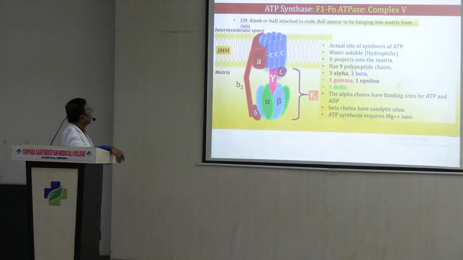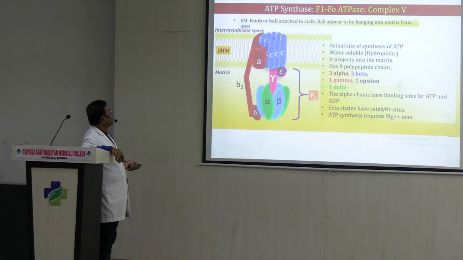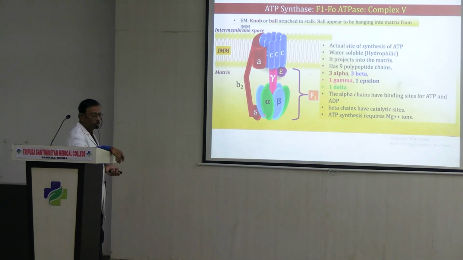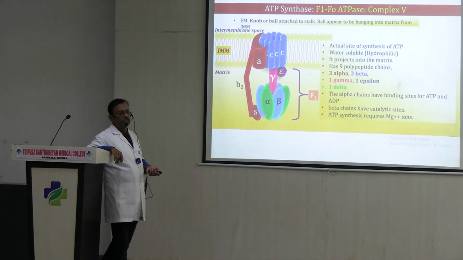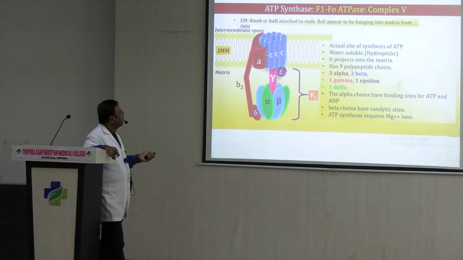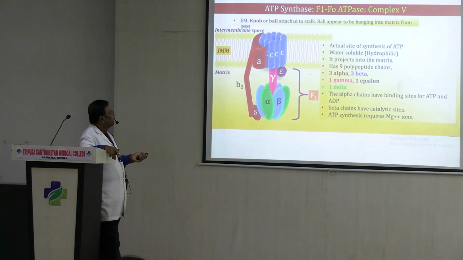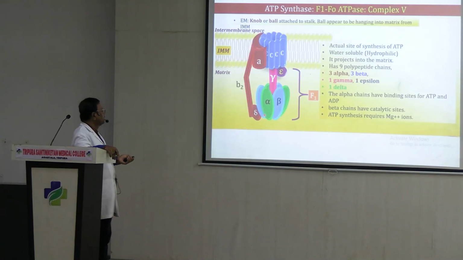Now the F1 subunit. This is the actual site of ATP synthesis. It is water soluble. That's why it hangs in the mitochondrial matrix. It projects into the matrix. It has 9 polypeptide chains, 3 alpha. Here are the alpha, the green color, 3 alpha subunits. And 3 beta.